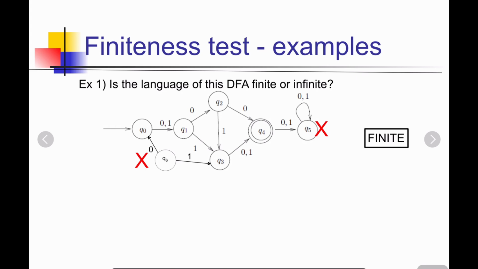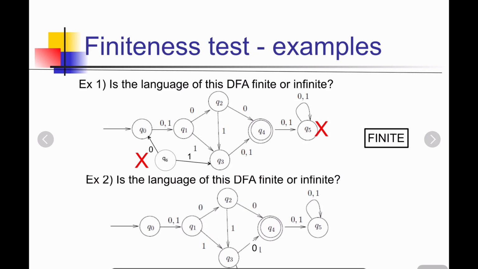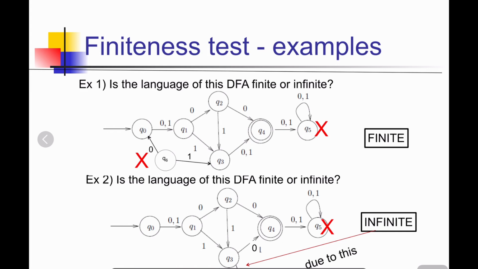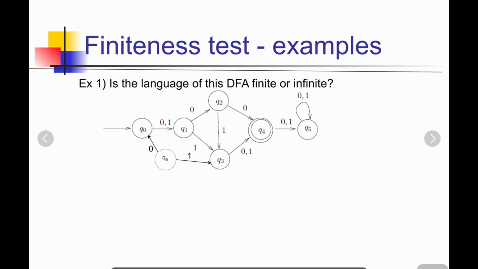Look at the example here. These two are finite: Q6 and Q5. The other one is infinite, because Q3 loops on itself. It is reachable. This one is a dead state and you can remove it.